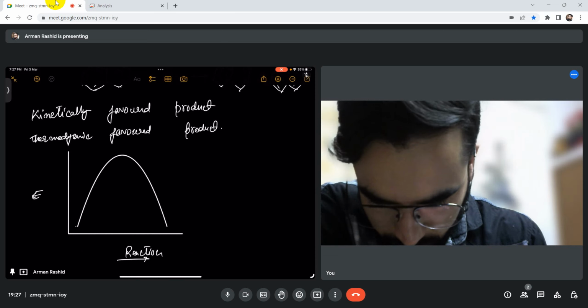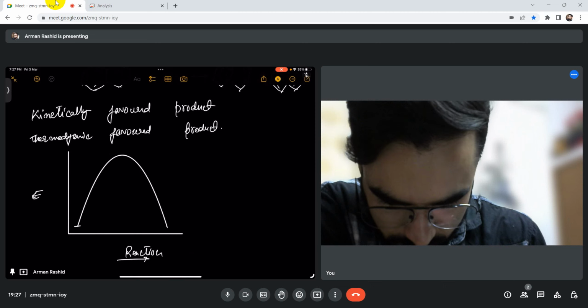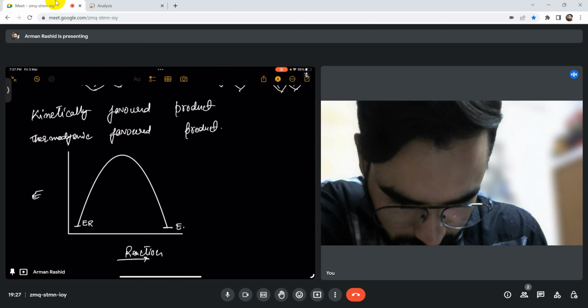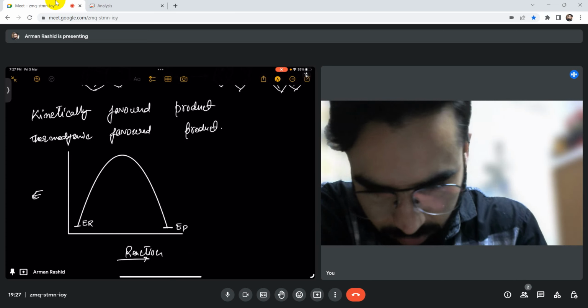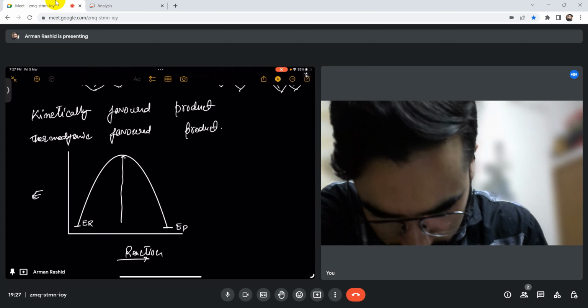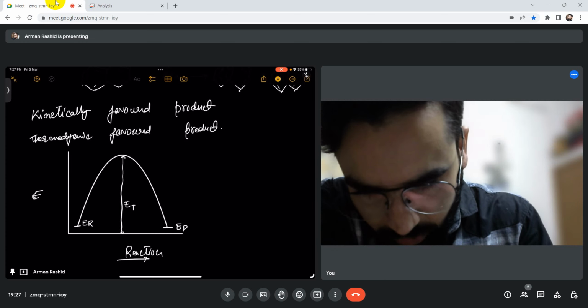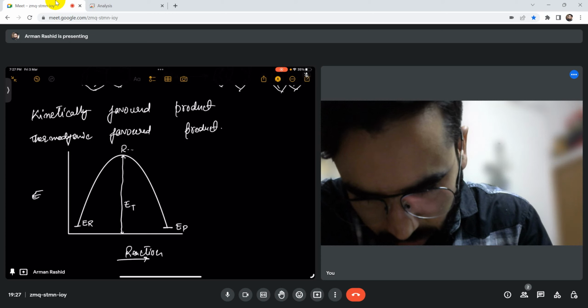If this is reactants, this is the 0 point energy of reactants, 0 point energy of products. This is the total energy for an activation complex like R star, I will write.